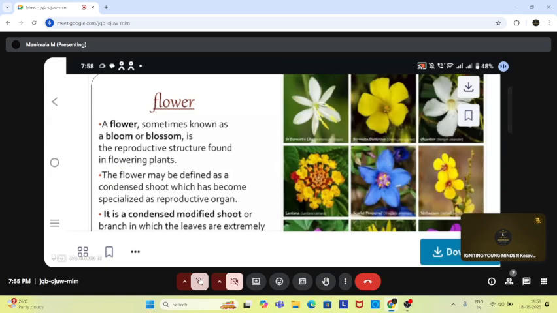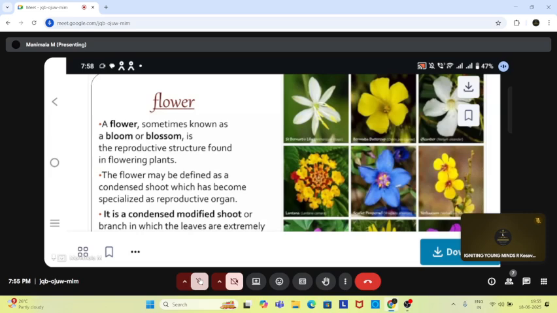Gymnosperms are plants like cycas and gnetum. And angiosperms are the flowering plants. In angiosperms, the part involved in sexual reproduction is called the flower.